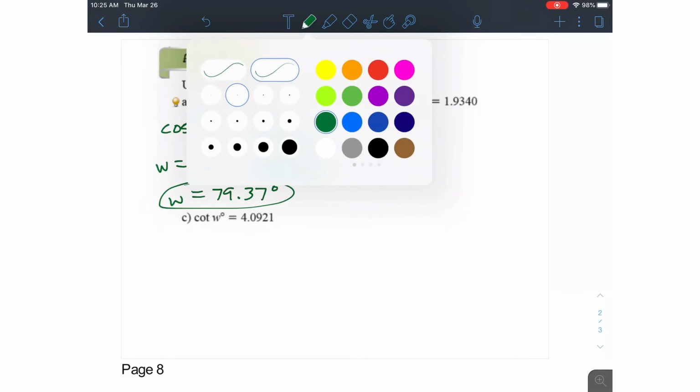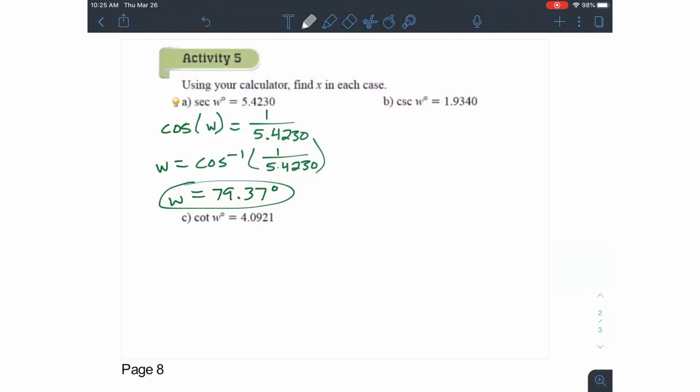Okay, for letter B, cosecant is the same thing as 1 over sine, so we're going to get sine of W is equal to 1 over 1.9340. Then we're going to take the arcsine of both sides. And then finally put it into the calculator.